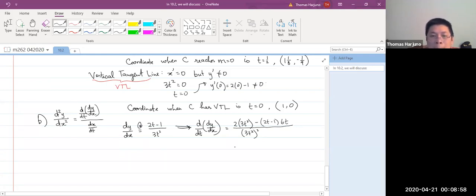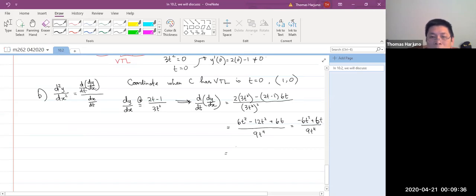Simplify. Combining like terms, negative 6t squared plus t over 9t to the 4th. I'm sorry, it should be 6t. Let me simplify it a bit.